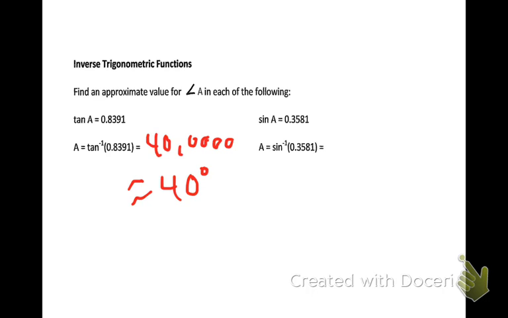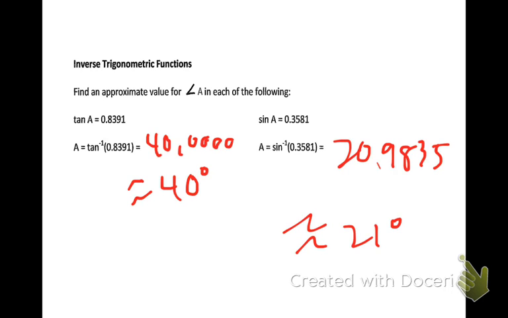Yeah, Ella. Okay. So it's 20.9835. So we'll round that to approximately 21 degrees. All right. So everybody understands, now we're finding the angle rather than the ratio of the sides. Capital letter is an angle.